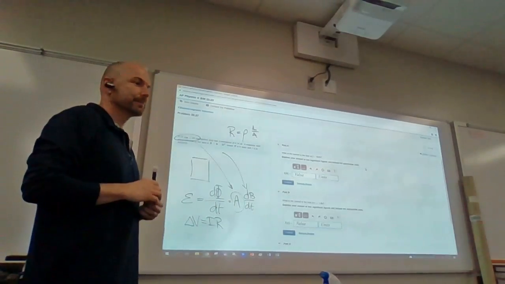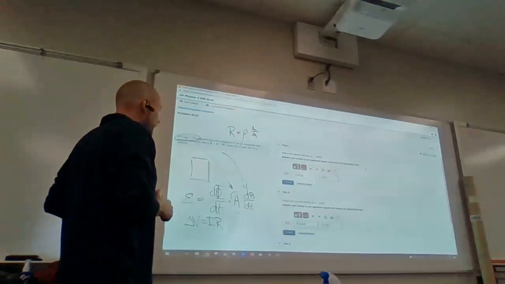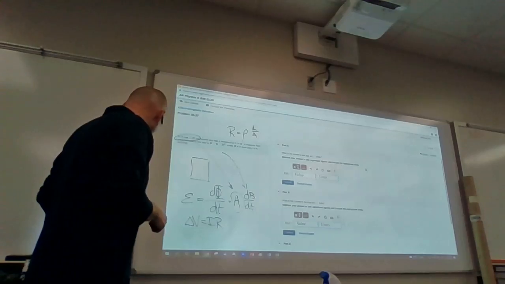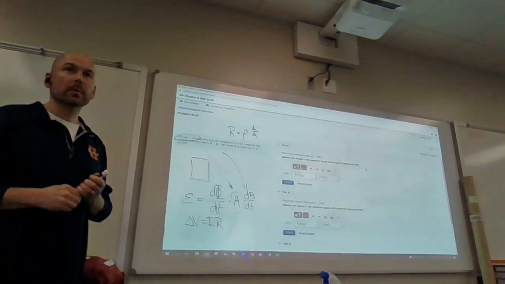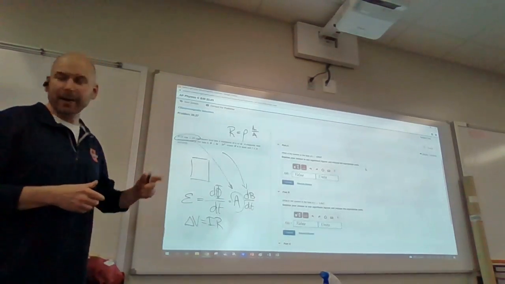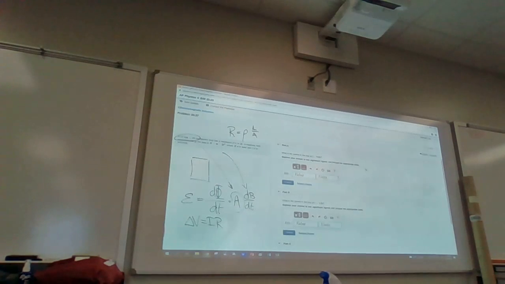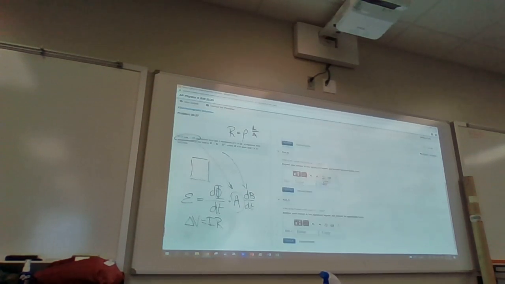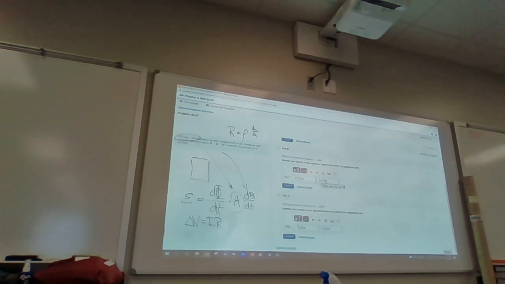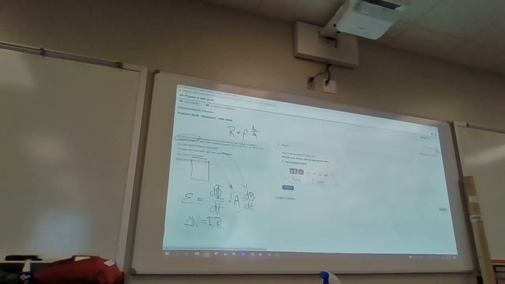That's too much work. Skip it. Not worth the 2 points. Okay. I think this one has the least amount of text. So are we good with that? And then you just plug in t at different times.